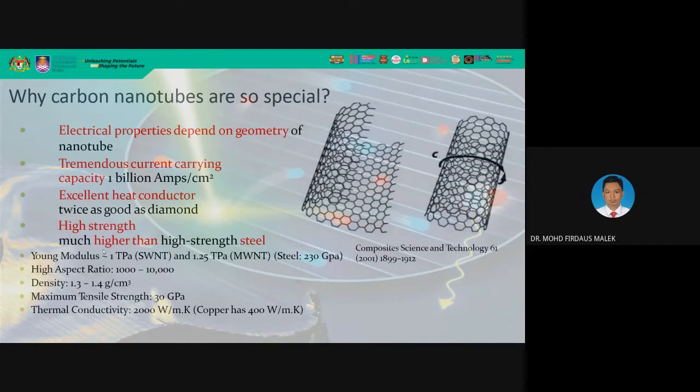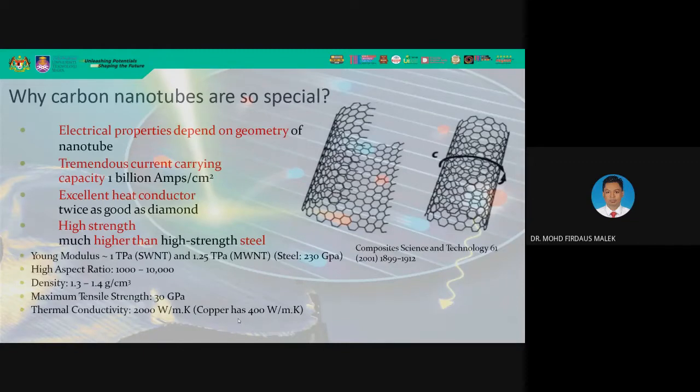Okay, high thermal conductivity, which is around 2000 to 3000 watt per meter Kelvin.